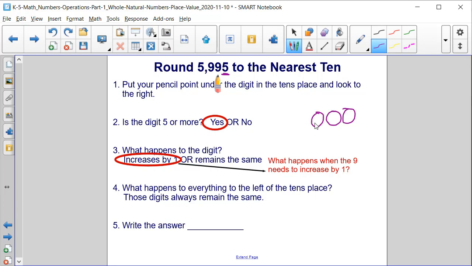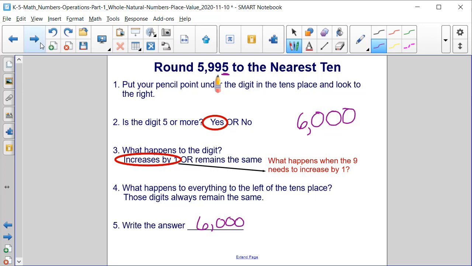So that's going to be a 0 there. And then the 5,000 is going to add 1,000 to that. So it's going to end up being 6,000 as our answer. If we would have had an extra digit in the 10,000s column, those numbers would have remained the same.